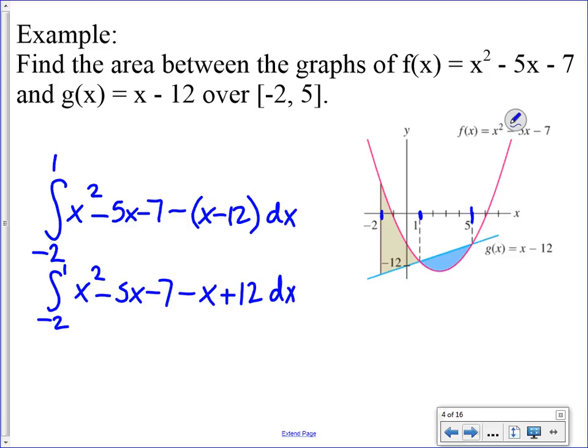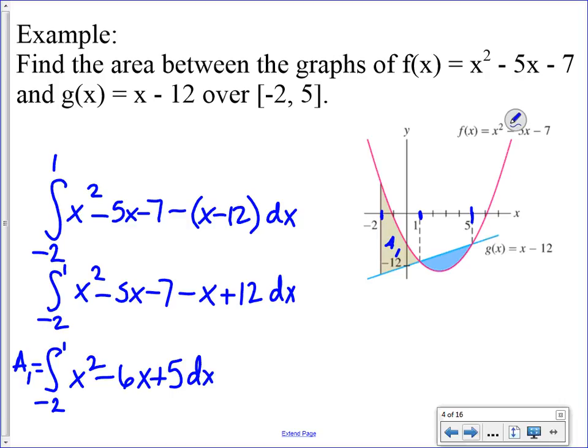And then we can combine our like terms, and we'll get x squared minus 6x plus 5. Okay, so that's kind of like a sub 1, let's say.